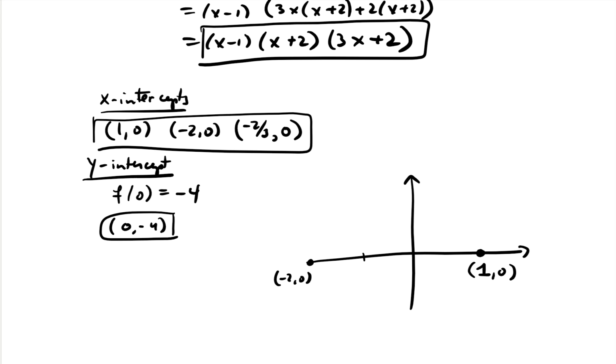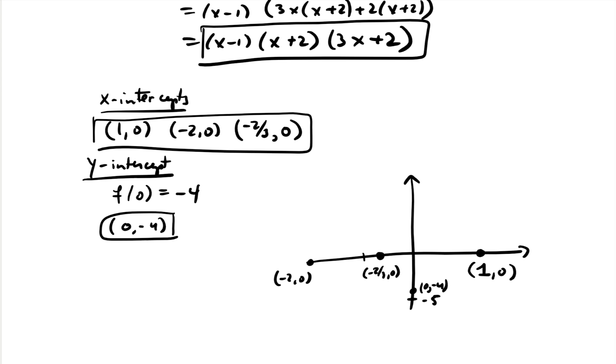And let's say this is minus 5 here. So minus 4 would be the y-intercept. Minus 2/3, 0 is the other. This is 0, minus 4. Okay, and from this I could recover part of the graph.